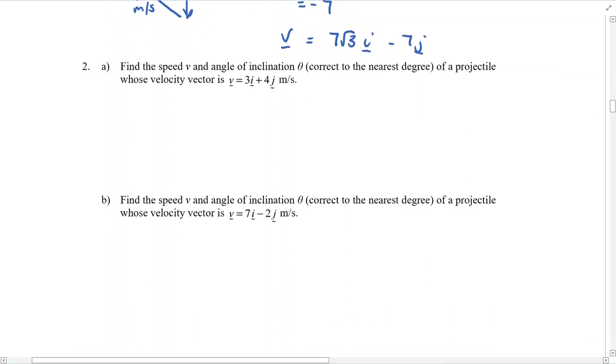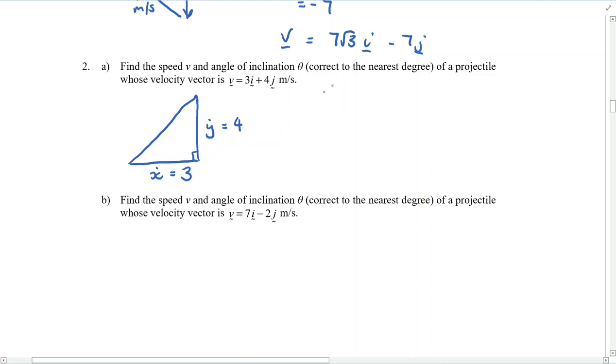Find the speed v and the angle of inclination theta, correct to the nearest degree, of a projectile whose velocity vector is v equals 3i plus 4j meters per second. Yeah, so keeping with my theory of drawing a diagram. So the x component of velocity is the 3 and the y is the 4.